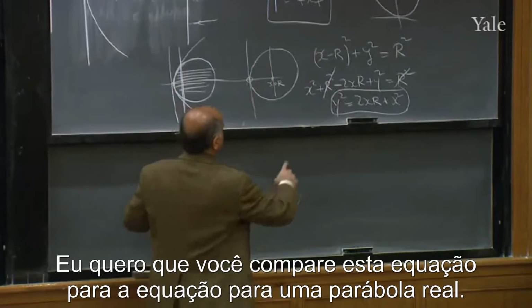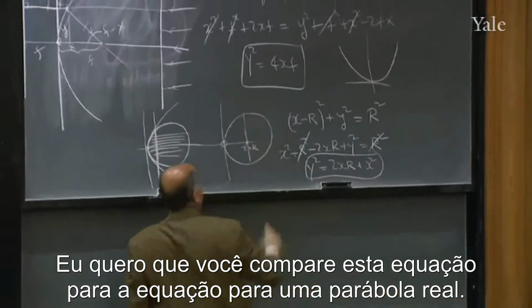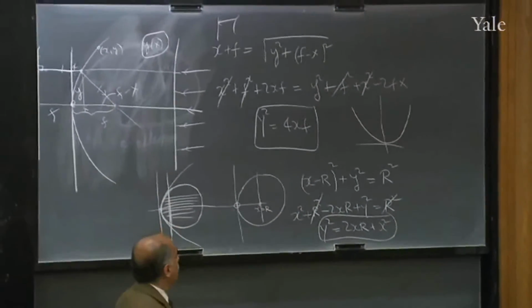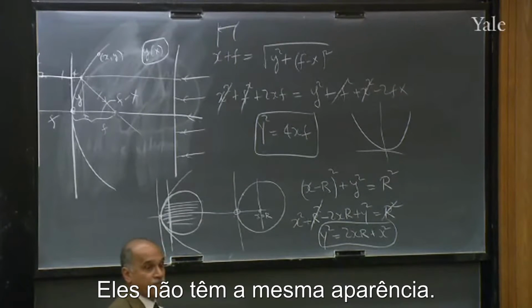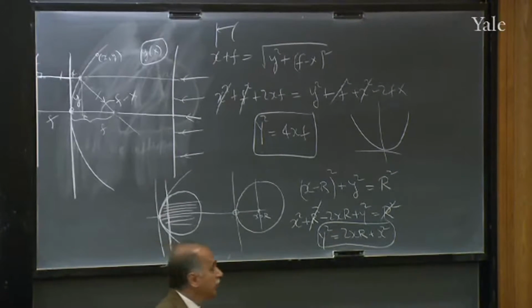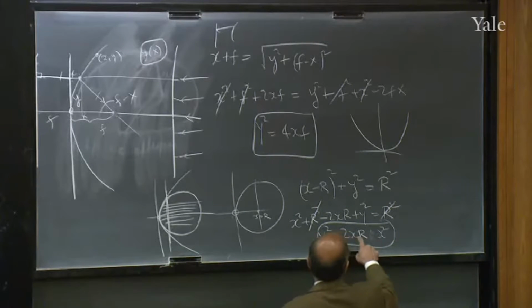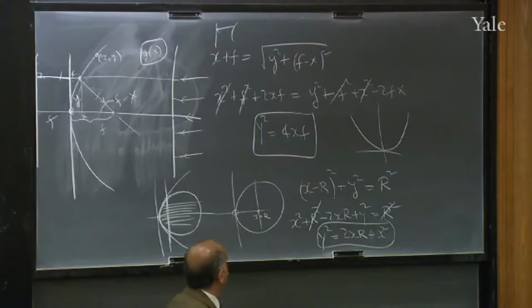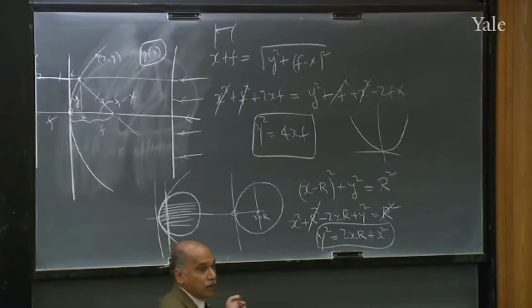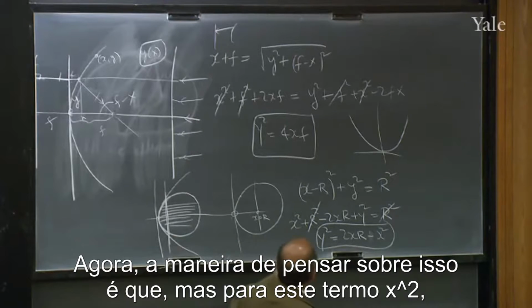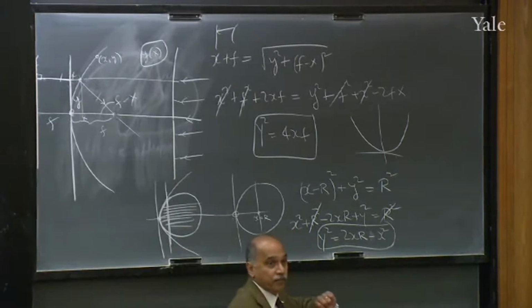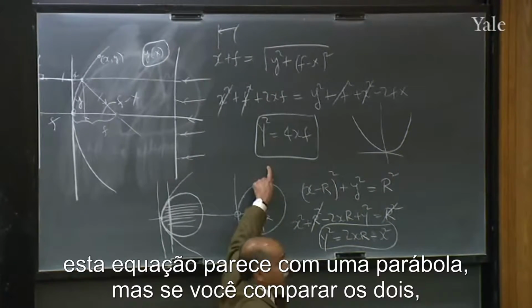Now I want you to compare this equation to the real parabola. They don't look the same. Now, the way to think about this is that but for this minus x squared term, this equation looks like a parabola.